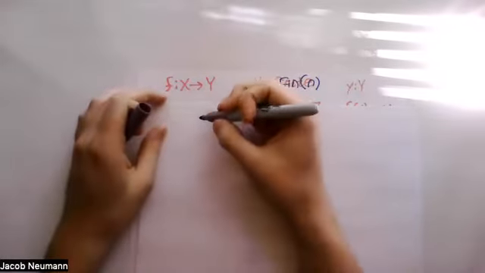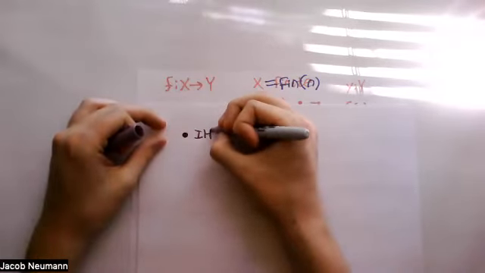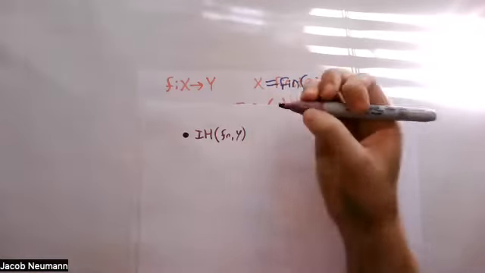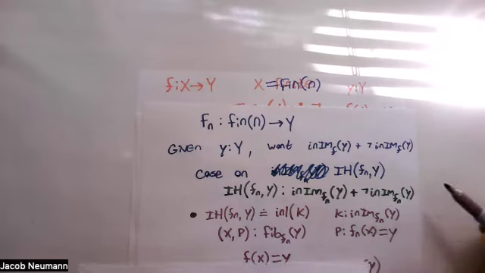Okay, moving on to the second case. Case 2 is that the right thing holds, so it's in the right of the fiber of Fn at y.